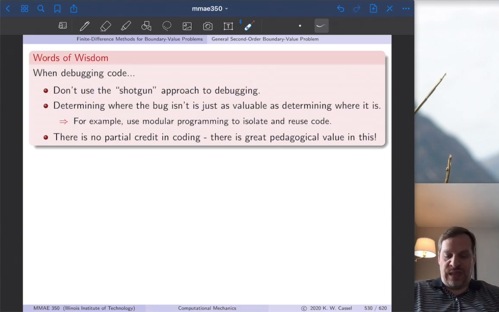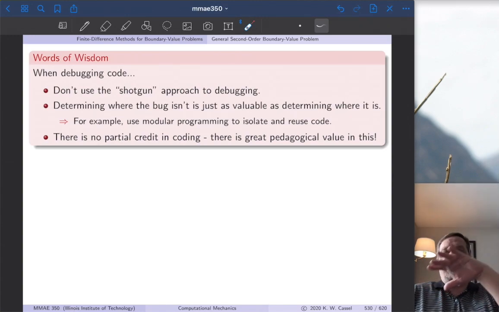And the last comment is really more for me, but I actually really appreciate one aspect of coding, and that is essentially, if you think about it, there's no partial credit. Now I give partial credit even if the code's not working right, but the coding itself gives no partial credit. So again, this is a frustrating aspect of coding. You can be debugging, and you feel like you're not getting anywhere.